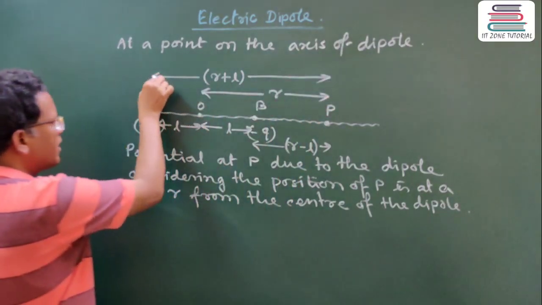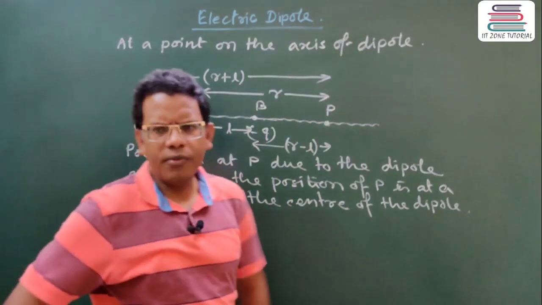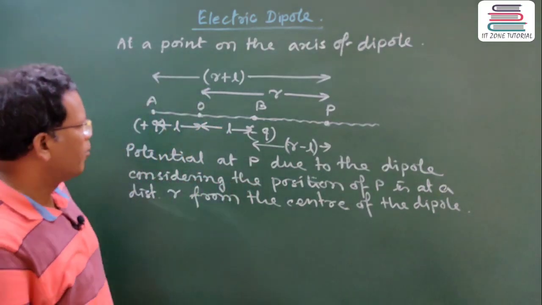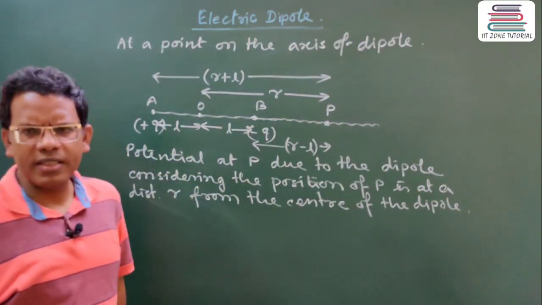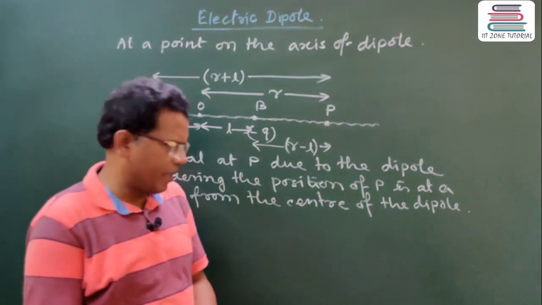So we know the distances of the point P from both the positive and negative charges of the dipole arrangement.